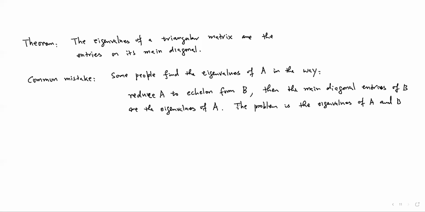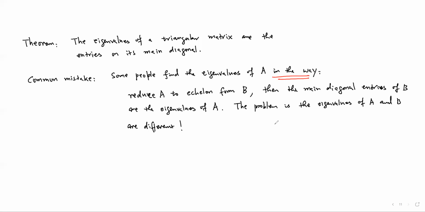Reduce A to echelon form, then the echelon form's eigenvalues are different from the eigenvalues of the original matrix. So don't find all the eigenvalues of a matrix in this way. This is a warning.